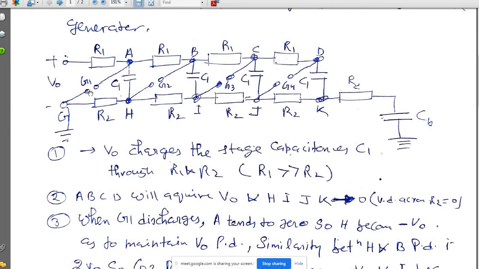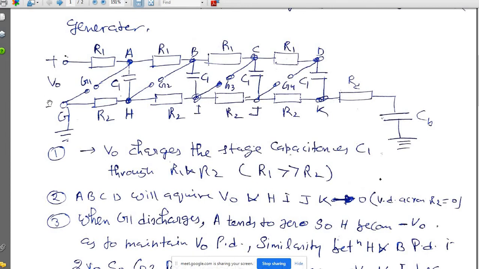Here many gaps are there: G1, G2, G3, G4. This is an example of a 4 stage impulse generator in which 4 gaps are there.